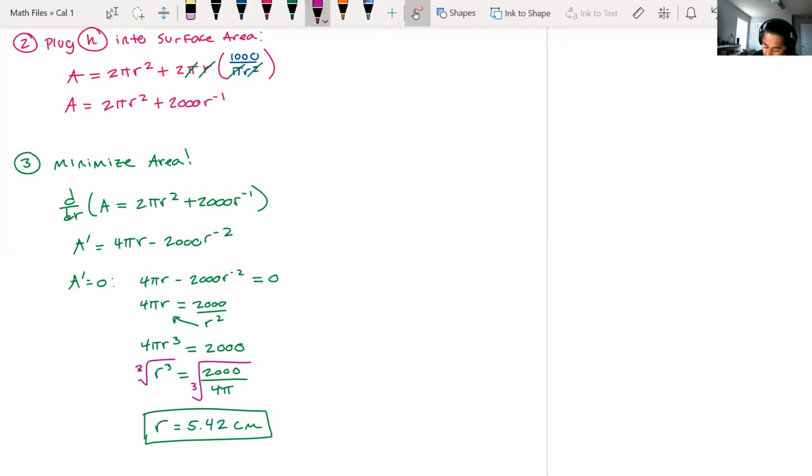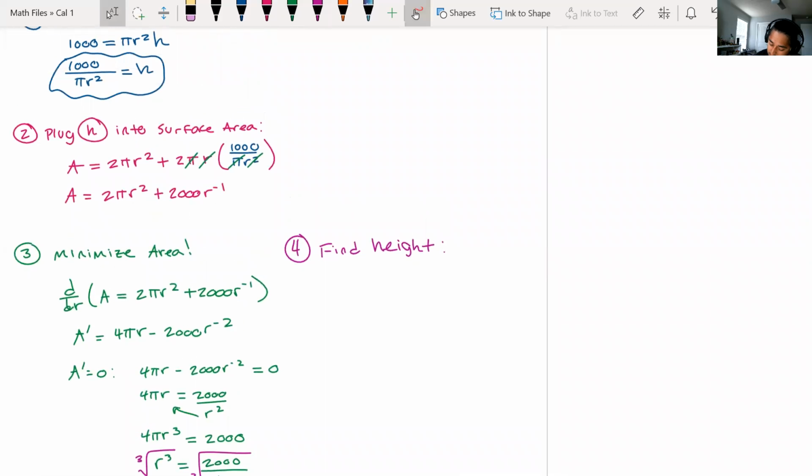So, find height. And from our substitution above, h is equal to 1000 over pi times r squared. Well, r is 5.42. And you're going to square that.